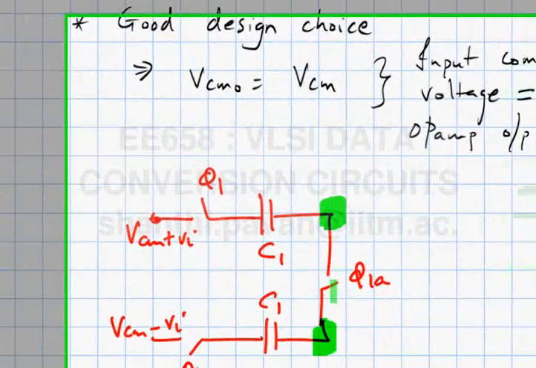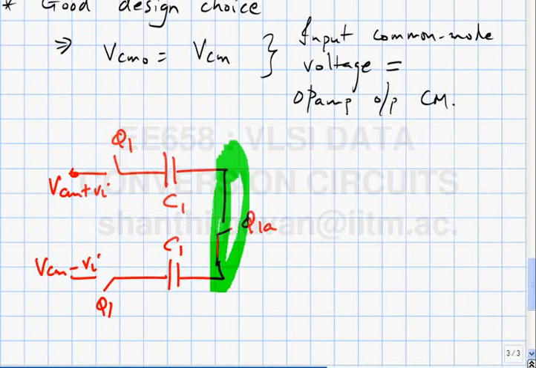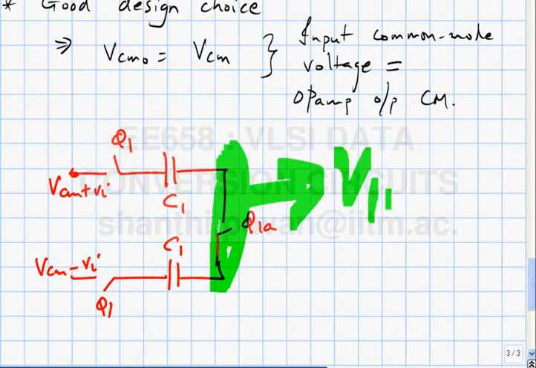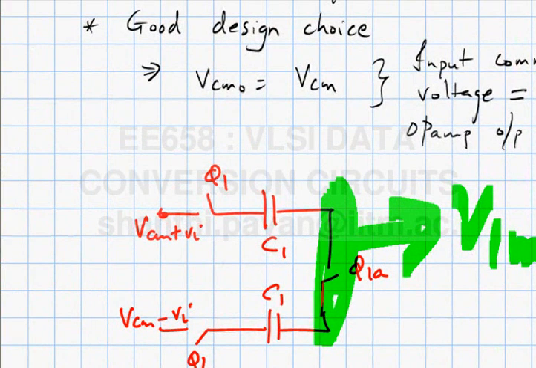The answer given is, when phi 1a is on, this all becomes one node. The voltage at this node is VCM. Is that correct? What about the initial charge on the capacitor? Is it known? The initial charge on the capacitor is not known, no?